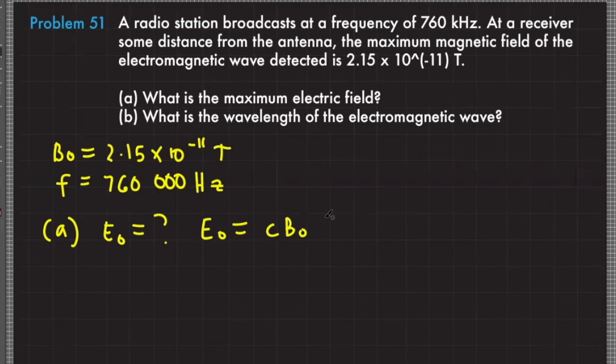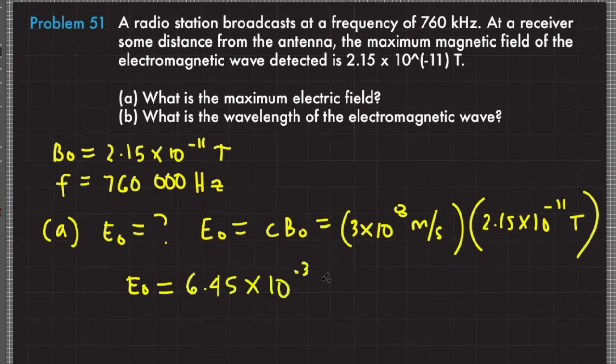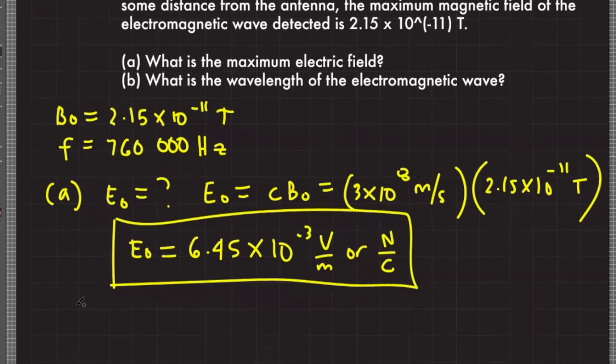So plugging in the values, we have 3 times 10 raised to 8 meters per second times 2.15 times 10 raised to negative 11 Tesla. Plugging in the values using your scientific calculator, we have 6.45 times 10 raised to negative 3 volts per meter, or another unit is newtons per coulomb. In part B, what is the wavelength of the electromagnetic wave?